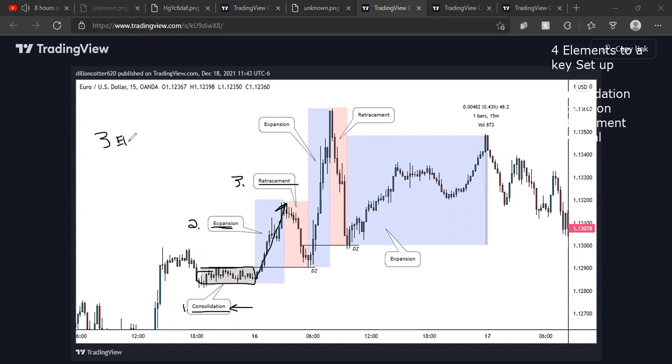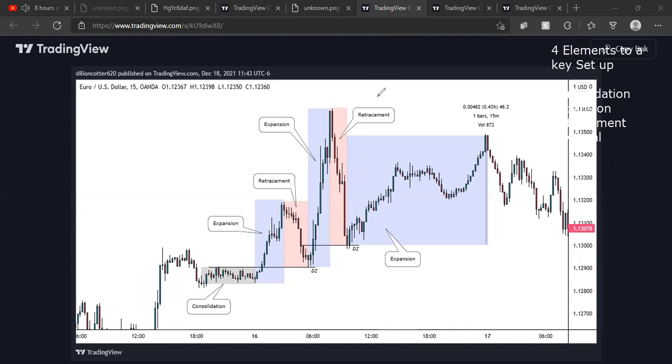I'm not going to write all that out. Three elements in this example could have given you a profitable trade setup: consolidation, expansion, and retracement. And if you look again, after this retracement occurs, we get another expansion to the upside.